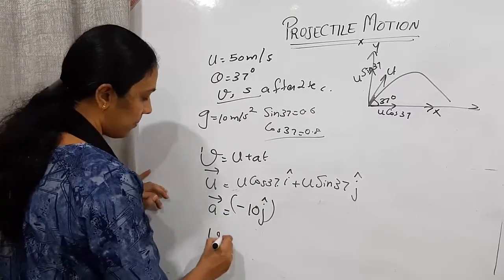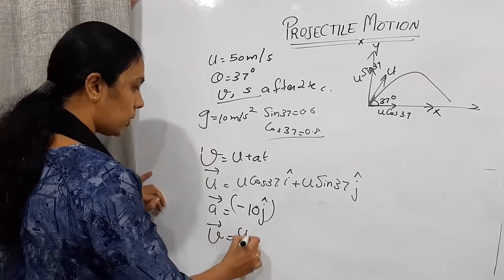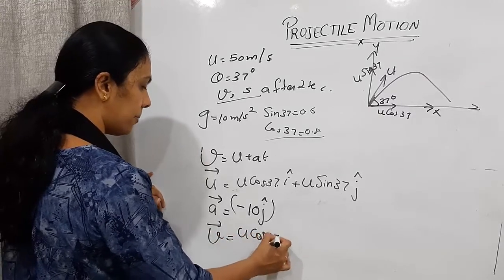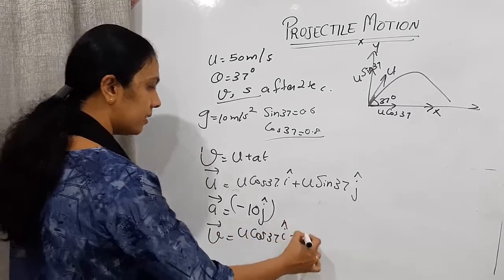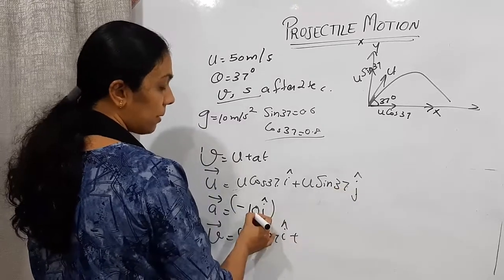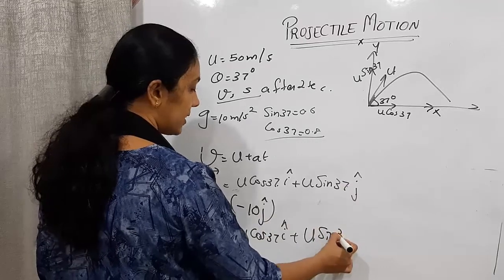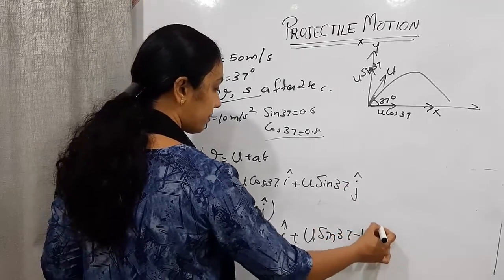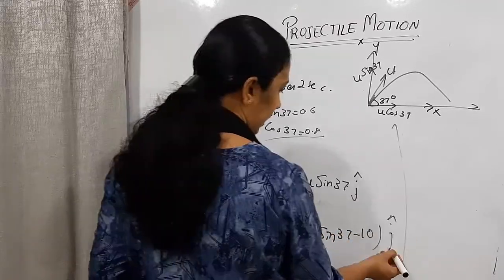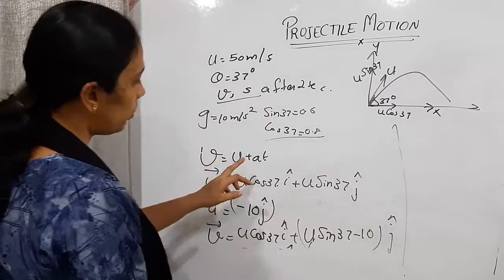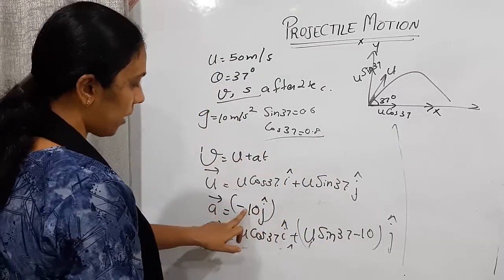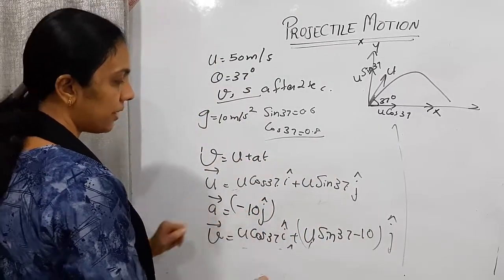V equals u plus at: u cos 37 I cap plus u sin 37 j cap and minus 10 j cap. We can take it together: u sin 37 minus 10 into t j cap. Here we need to consider a into t also, so minus 10 into 2 is minus 20.